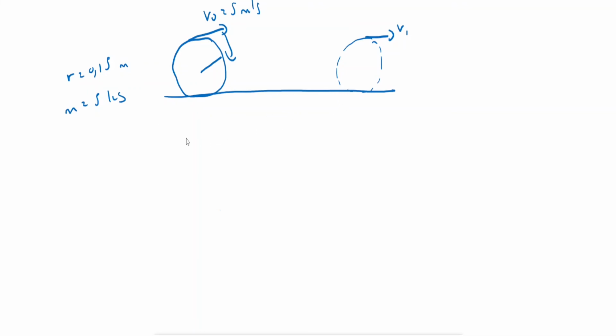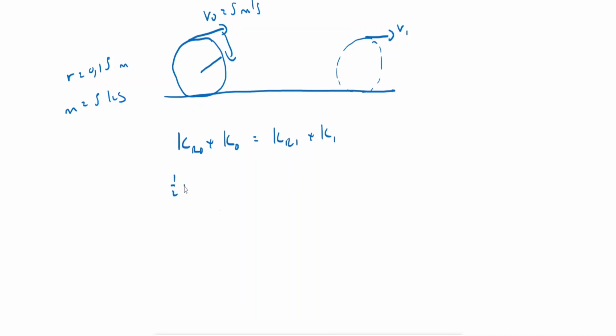What you'll notice here is that there is going to be rotational kinetic energy, and there's also going to be translational kinetic energy. If I ignore friction, this is before, and afterwards there's rotation and there's kinetic energy as well.